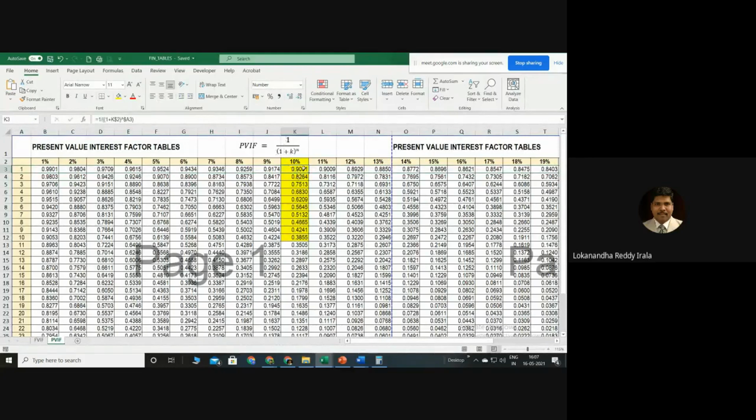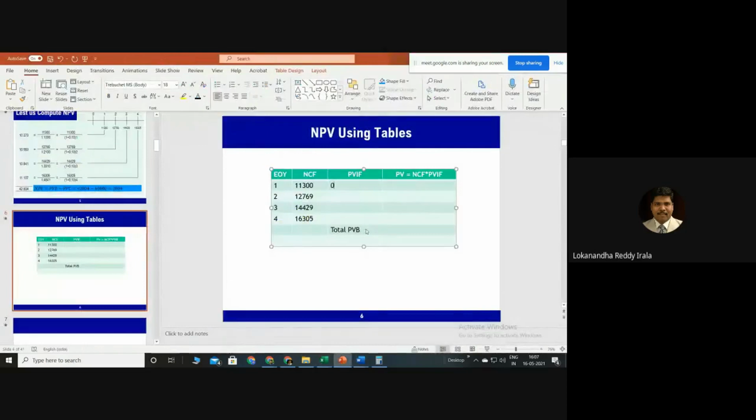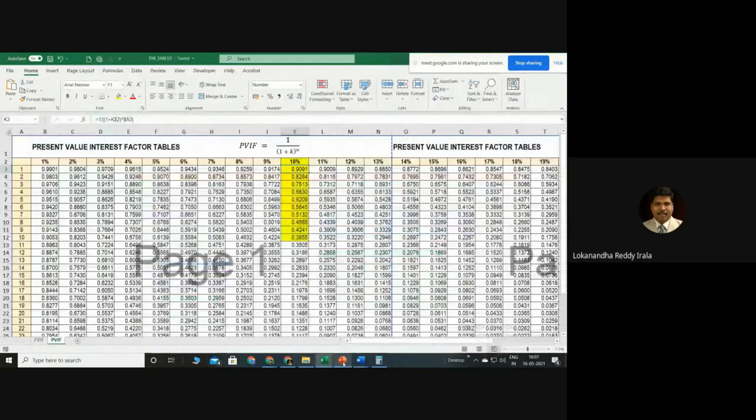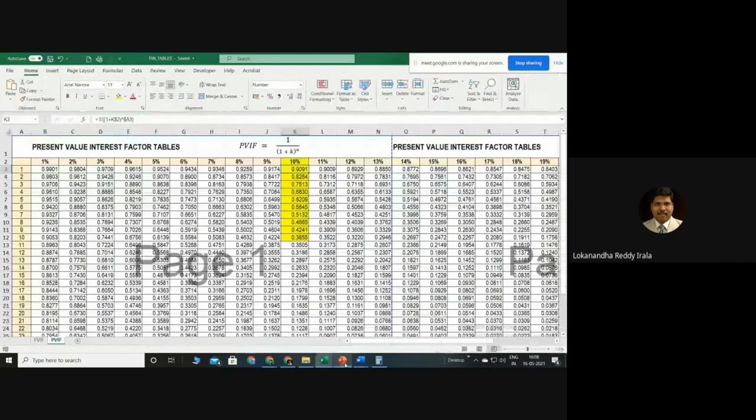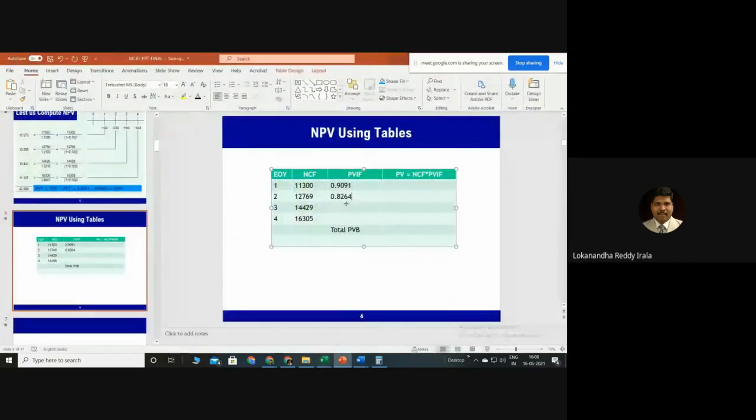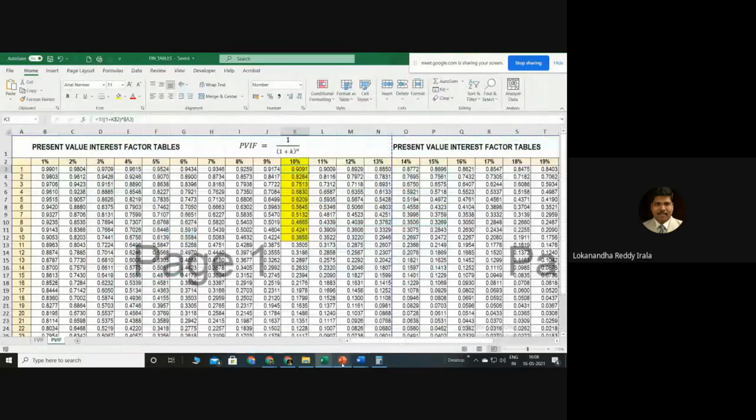So directly you can multiply your values with this. 0.9091, then you have 0.8264, then for the third year 0.7513, then for the fourth year it is 0.6830.